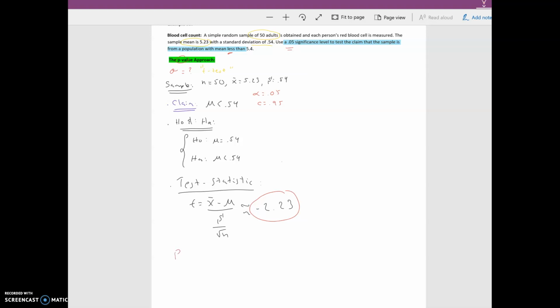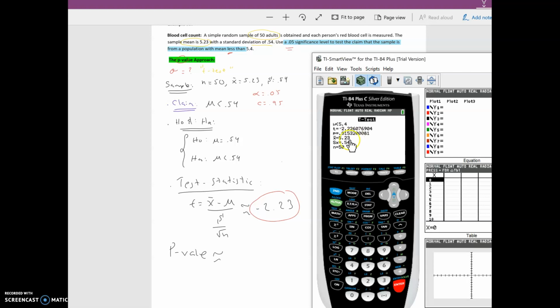In your p-value, you want to round it to 4 decimal places. So in this case, the p-value is approximately, and you have it as the third output, 0.0153.